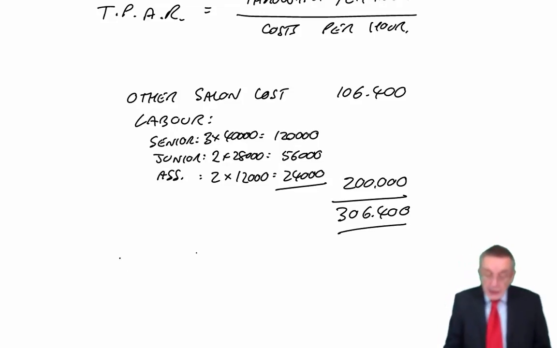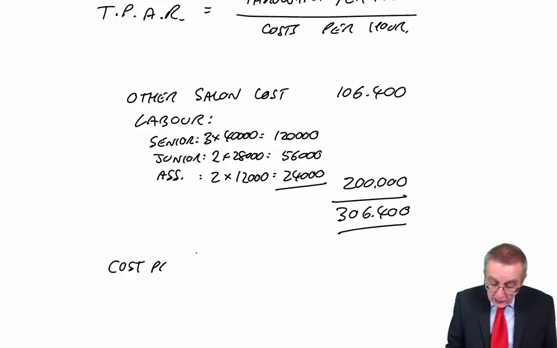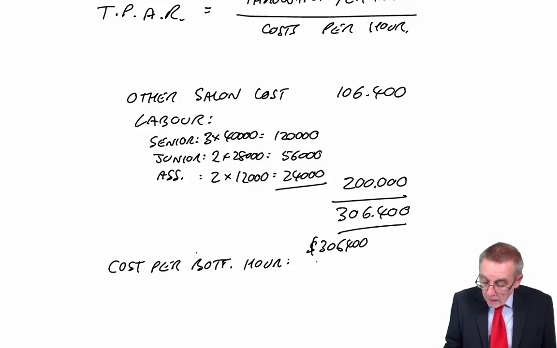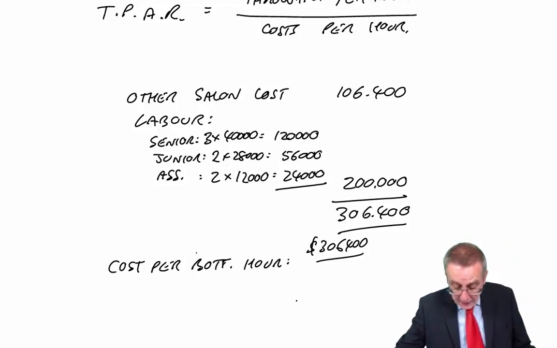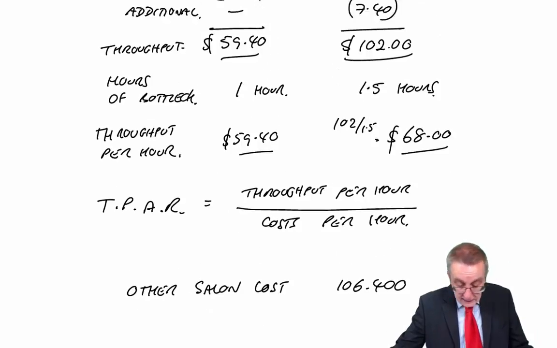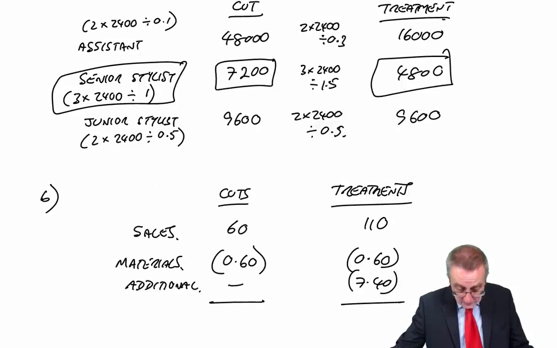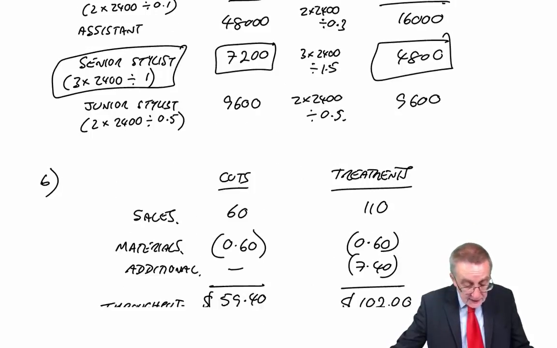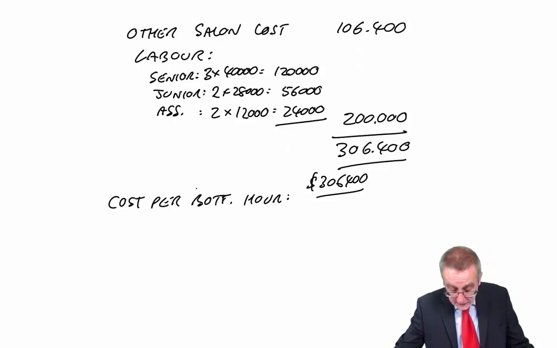And so the cost per bottleneck hour, in total 306,400. How many bottleneck hours were there? I had worked it out somewhere. Senior stylists? No, I didn't, sorry.